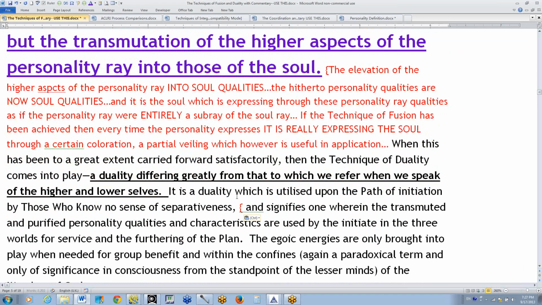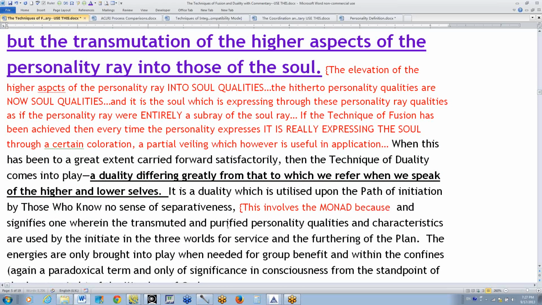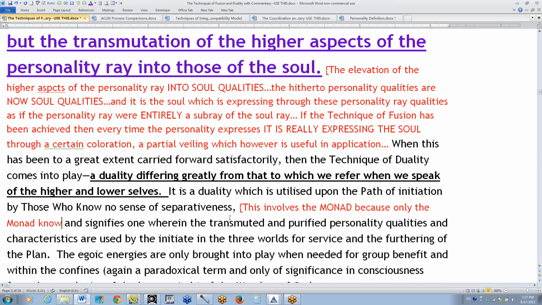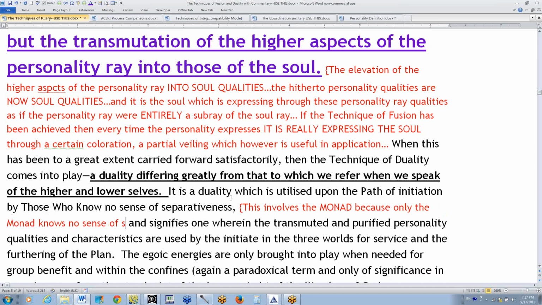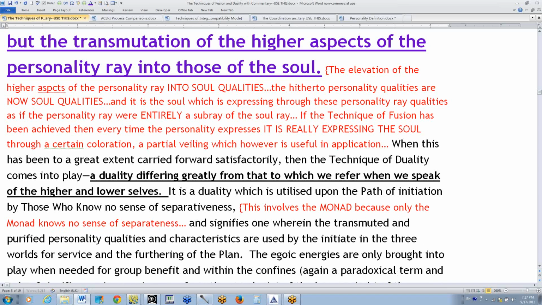And I would say this involves the monad, because only the monad knows no sense of separateness, and signifies one wherein the transmuted and purified personality qualities and characteristics are used by the initiate in the three worlds for service and furthering the plan.